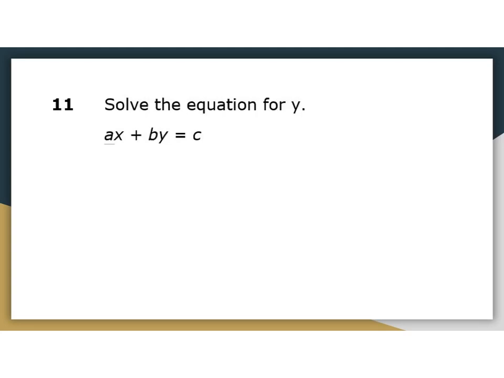So here we're solving this equation for y, and looking at it, it has only variables. There are no numbers here. We can still solve it, but our answer is going to be in terms of variables.